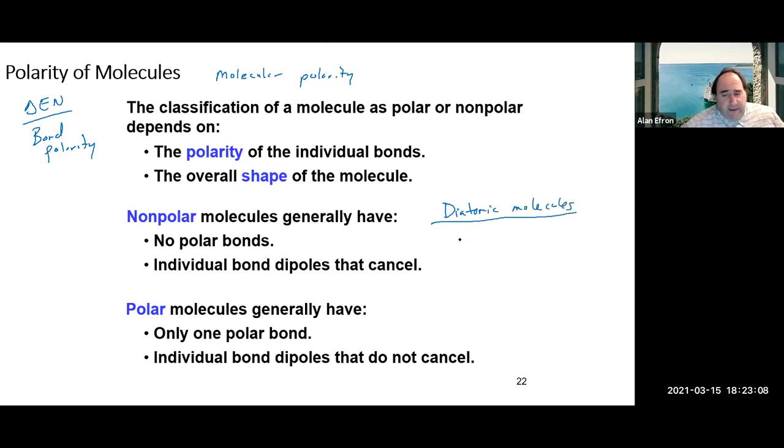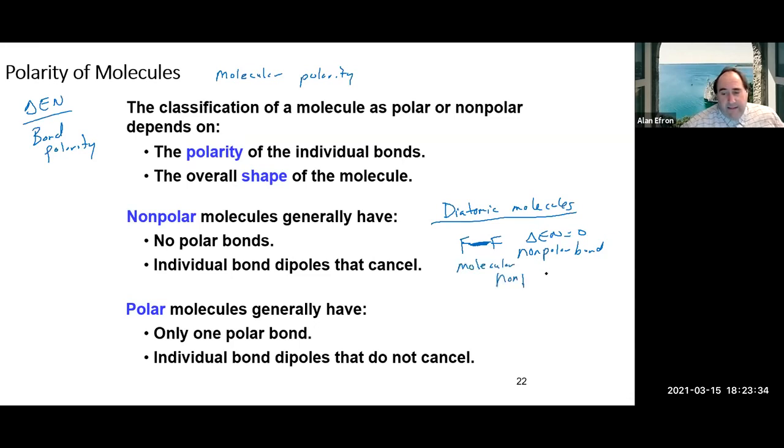For example, if I had something like fluorine, and I won't draw the electrons, the difference in electronegativity here would be 0, which means that this is a nonpolar bond. And because this bond is nonpolar, and it also happens to be the only bond in the entire molecule, this molecule would also be nonpolar.